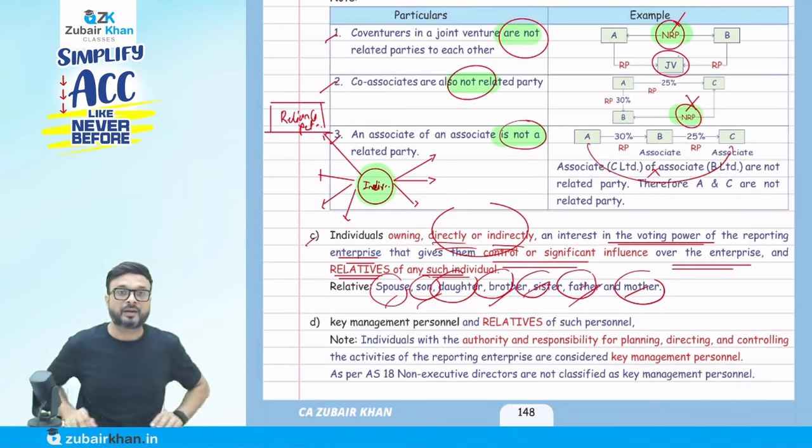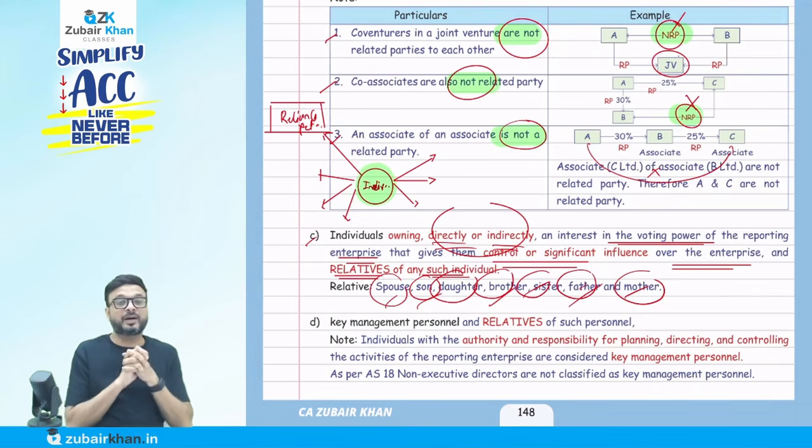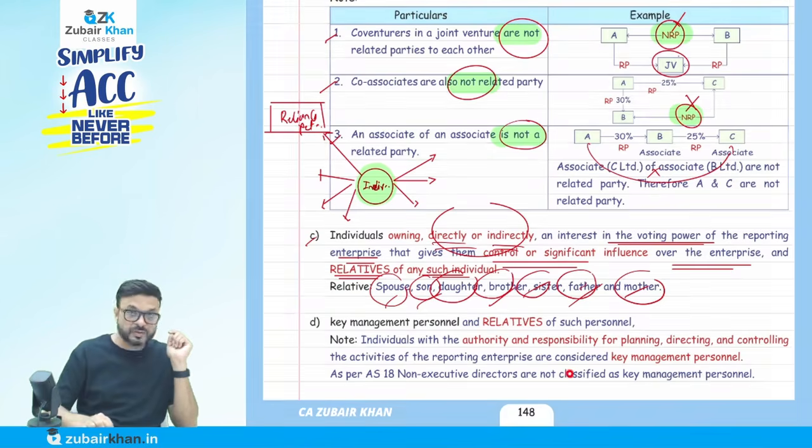Now understand this: daughter-in-law and son-in-law are not covered here. If this individual has significant influence or control on any entity, they are related, and the relatives of this individual are also related to that entity.